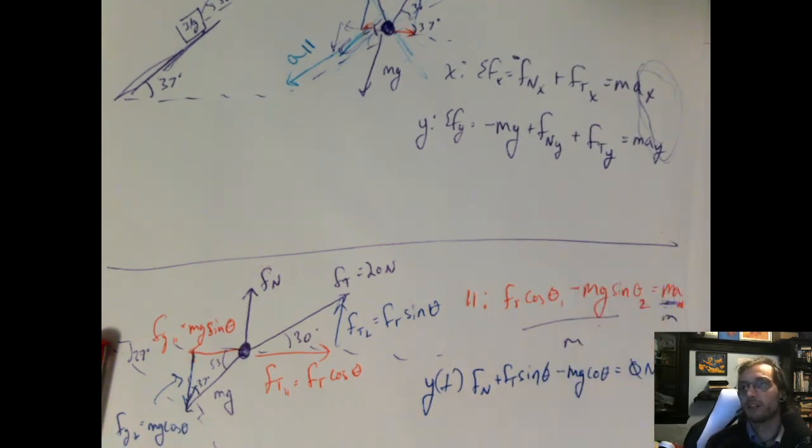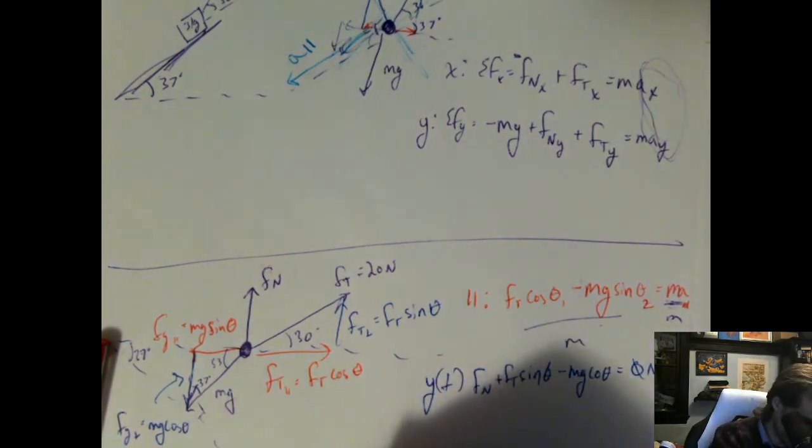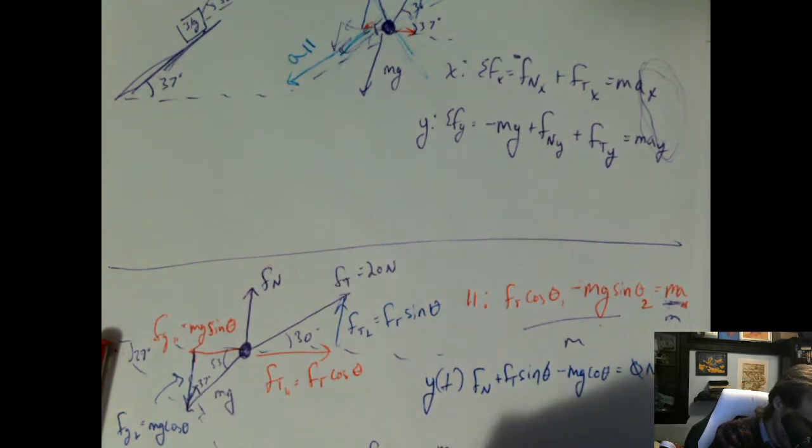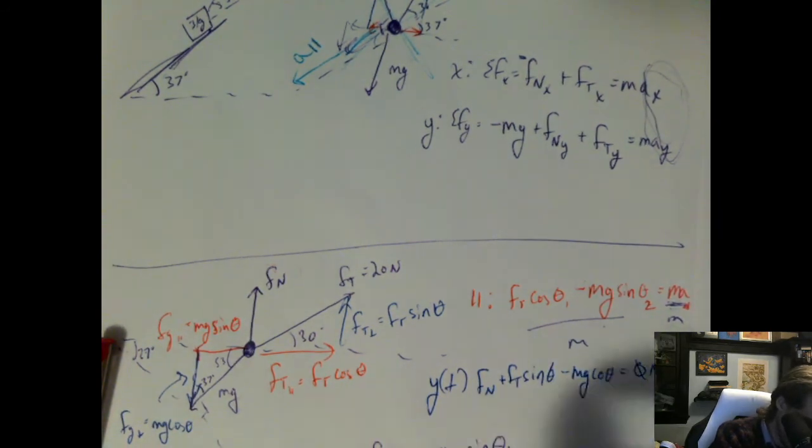Great, we found the acceleration. Acceleration along the hill is going to equal Ft times the cosine of theta minus mg times the sine of the hill angle divided by the mass of the object.